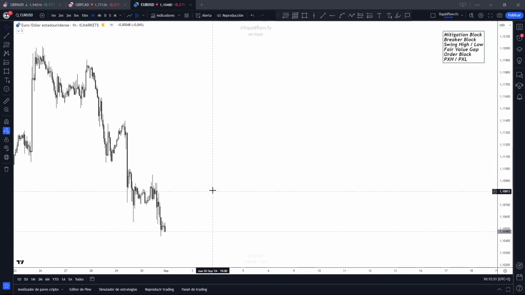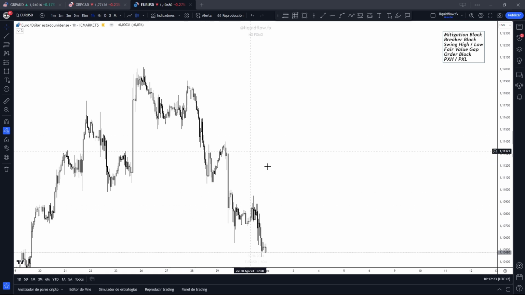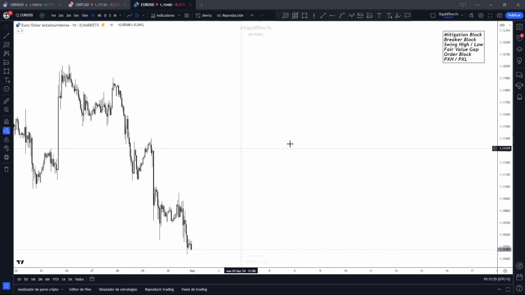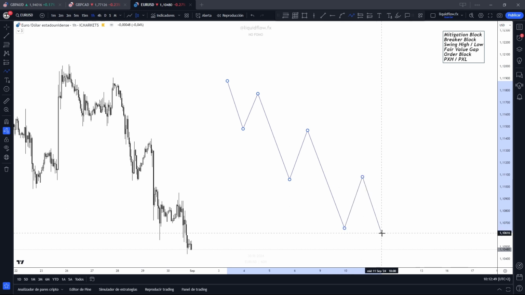And then when we go over that PD array, the first, as we said, is a mitigation block. Now we know what an order block is, so we can see the other one. So let's see mitigation block. A mitigation block happens when we have some movement and it's in continuation.